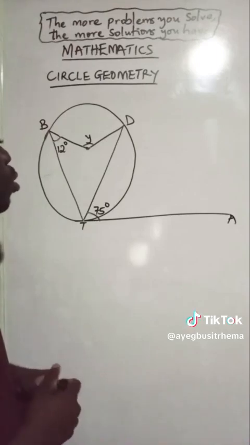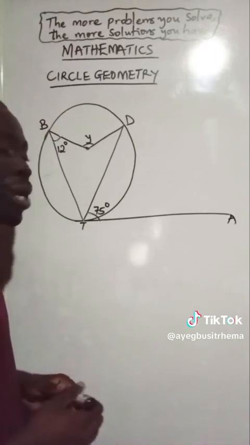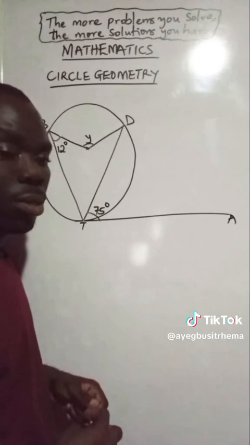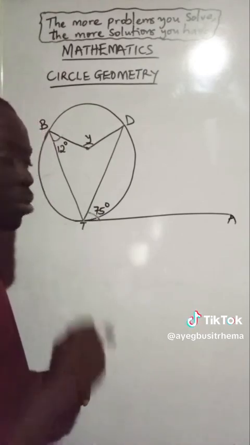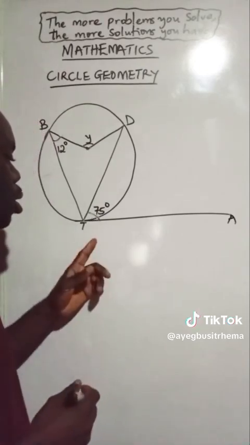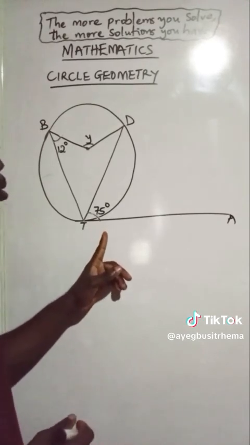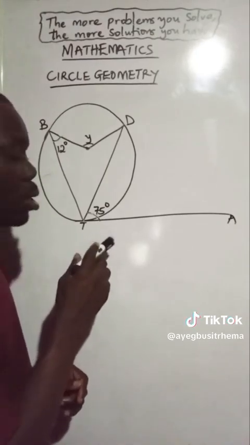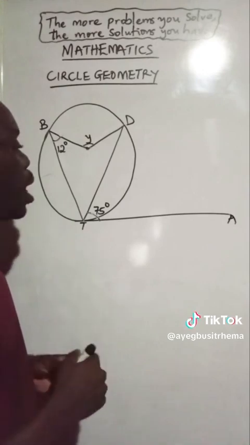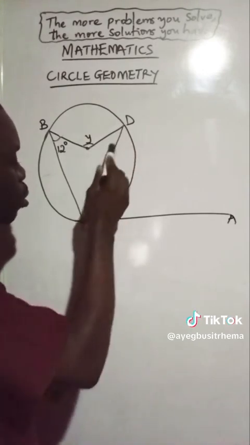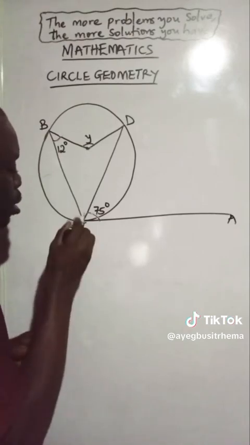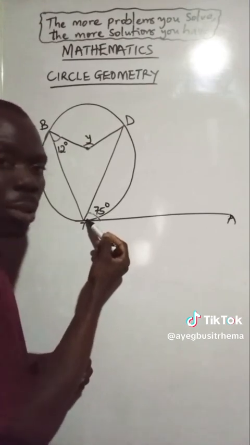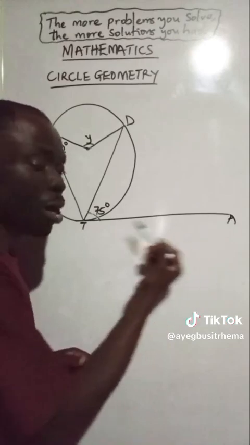The first thing you are supposed to do here is to identify the angle that is at the tangent to the circle, which is this angle, 75 degrees. And the theorem that backs this up is the angle between a tangent to the circle and a chord drawn from its point of contact. This is the point of the tangent, a line that touches the external part of the circle from outside.